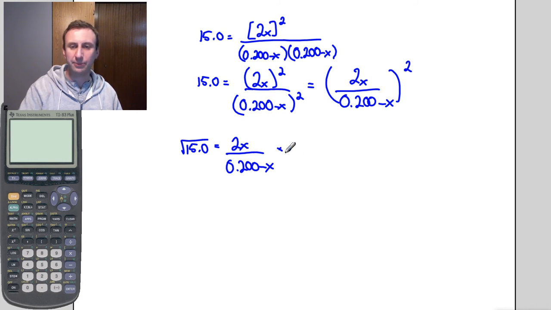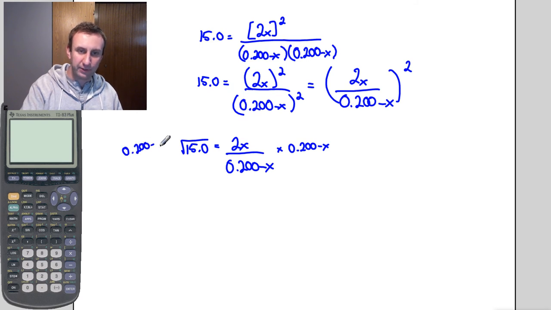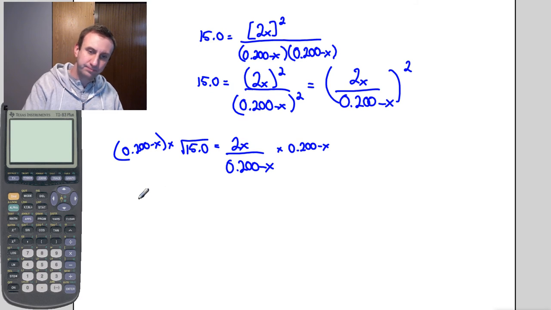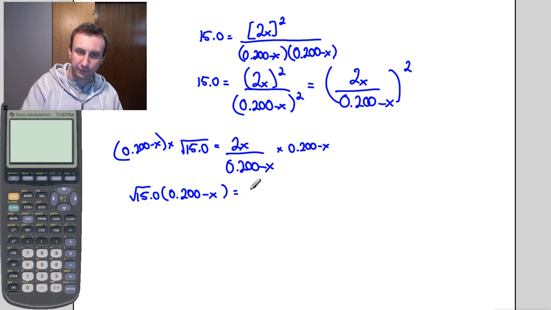In other words, I'm multiplying both sides by 0.200 minus x, that binomial, in order to get that worked out. So what I've got then is the square root of 15.0 multiplied by 0.200 minus x is equal to 2x.